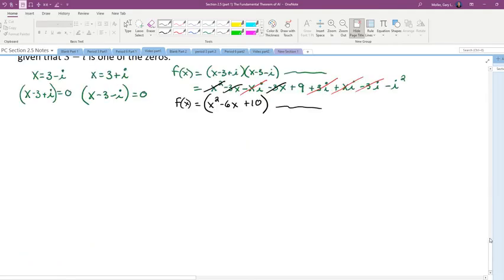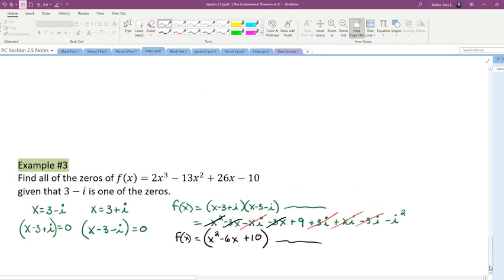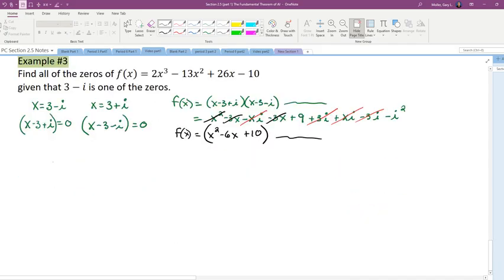I know, I'll back up a little bit. I know that x equals 3 minus i and 3 plus i are zeros. So I'm going to kind of do what I did right here, but I'm thinking about reverse completing the square. So I'm going to move just the 3 over. And I don't want that stinking i there, and so the best way to get rid of an i is if I can square it, I should square it, since I can do it on both sides.